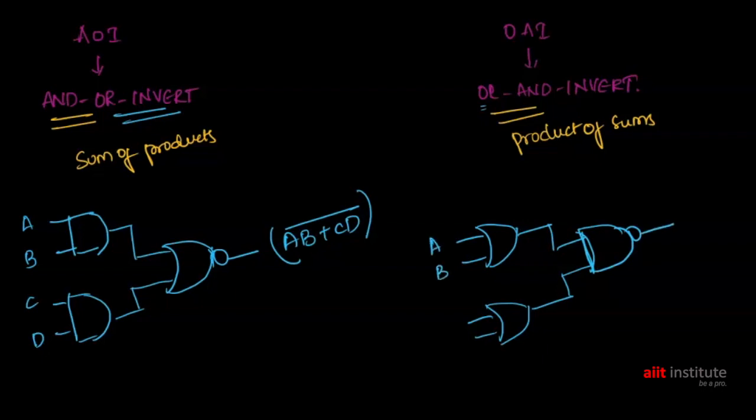So here the inputs let us consider as A, B, C, D. So the output will be (A plus B) into (C plus D) whole bar. It is a product of two sums. So this is our OAI.